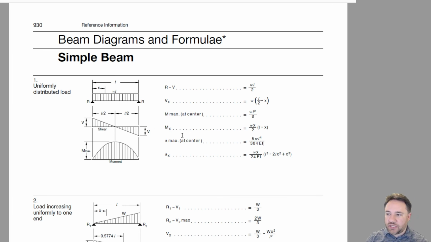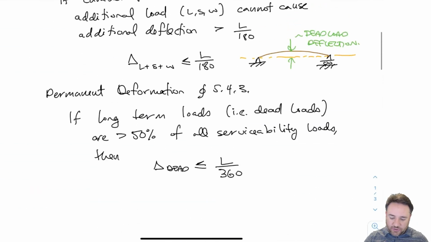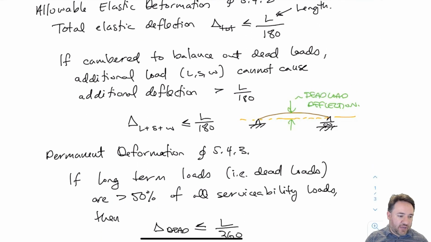That's one easy way to come up with deflections for simple conditions that you see all the time. So there are multiple ways to do it, and it's up to you how you calculate your deflections. And once I calculate them, of course, I need to compare them to the limits, these two limits that are provided in the standard.